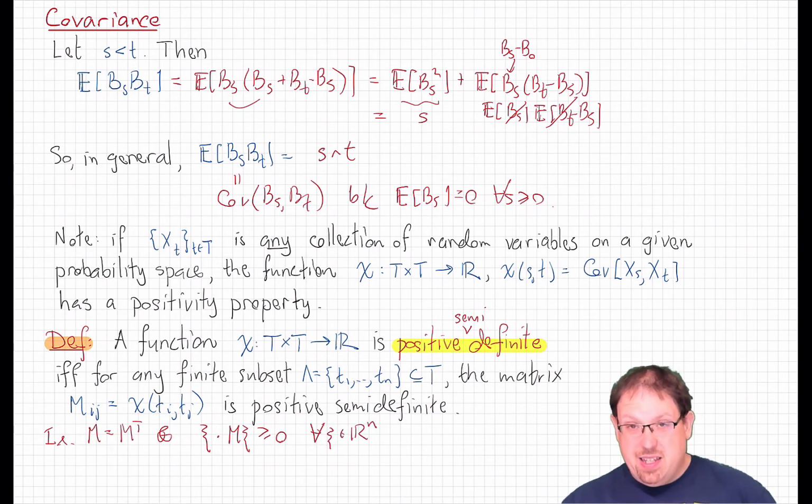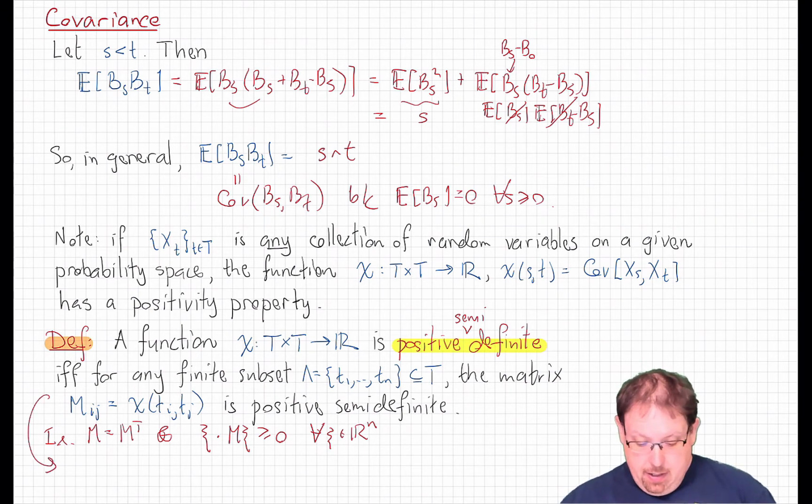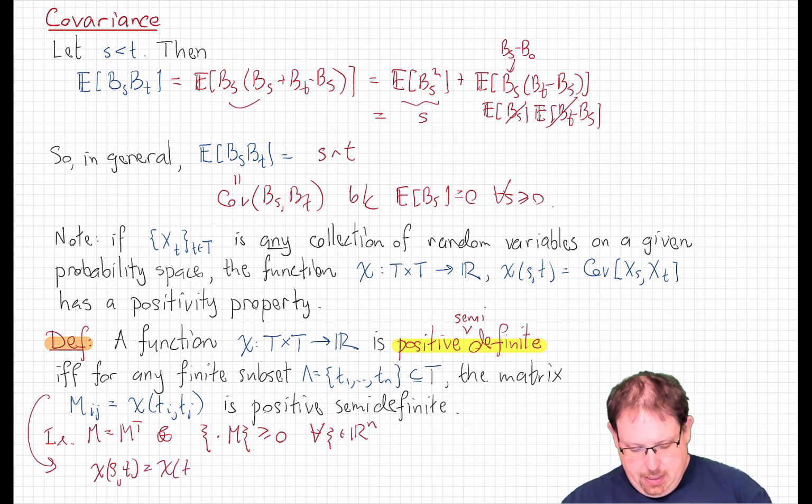Now, we don't really need to think of these things in terms of matrices, although it's often convenient to do so. We can instead just say that the function chi is positive semi-definite if and only if it's symmetric, chi of s and t equals chi of t and s for all pairs s and t.